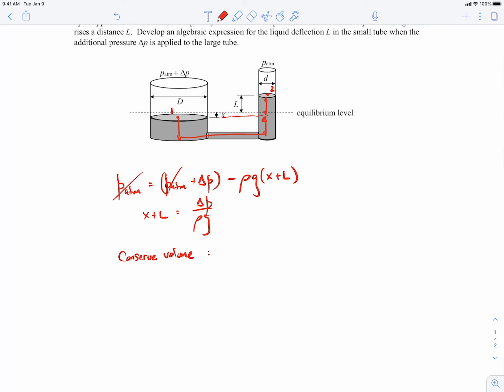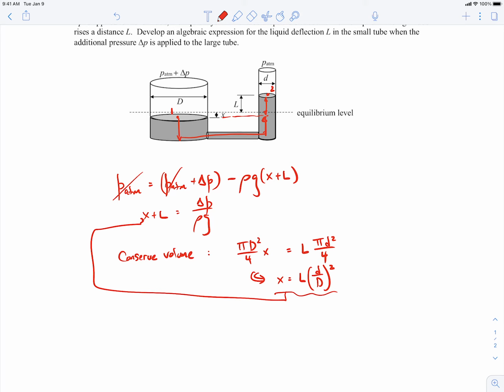The volume that we push down on the left-hand side is pi D squared over 4 times X. And the volume that moves upward on the right-hand side is L times pi little d squared over 4. So again, we're pushing this volume down, and that same volume has to go up on the right-hand side, so it's going up by a distance L. We can solve for X in terms of L, and then substitute it in right up here.